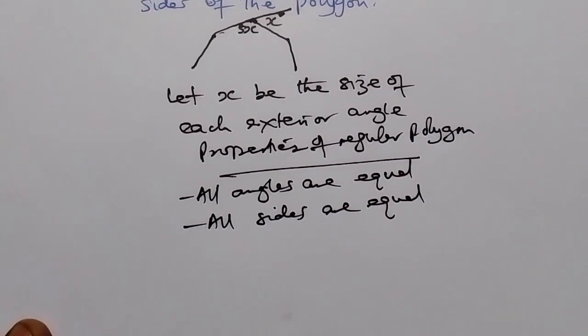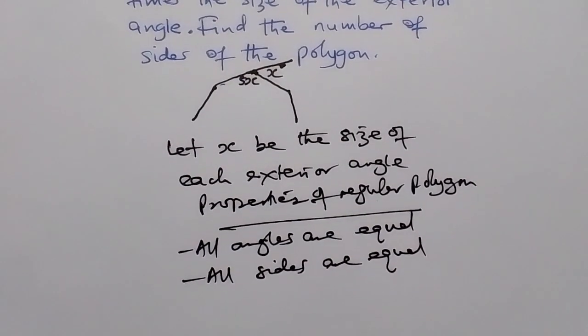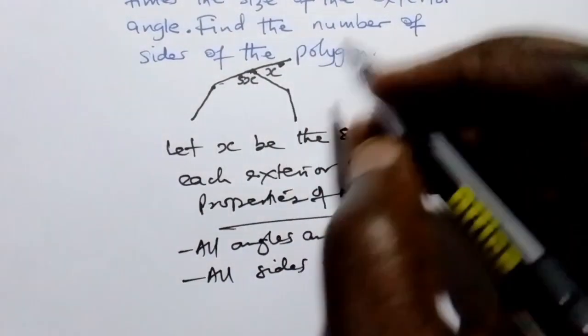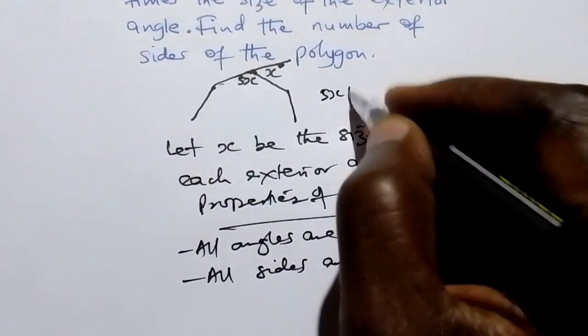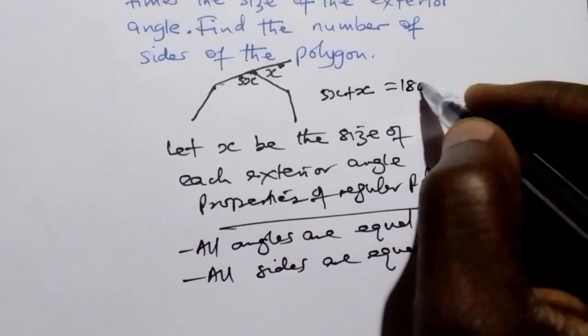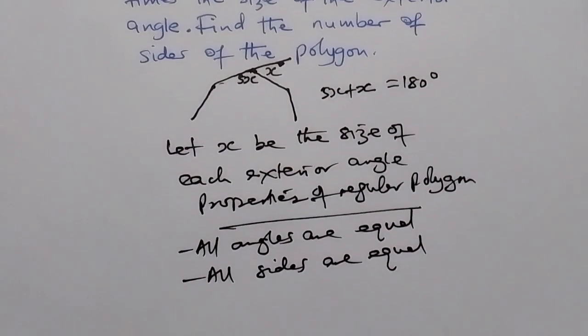Now we can see from here that this is a straight line, which means that 5x plus x is supposed to give us 180 degrees.